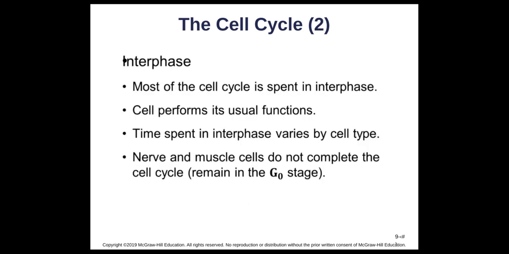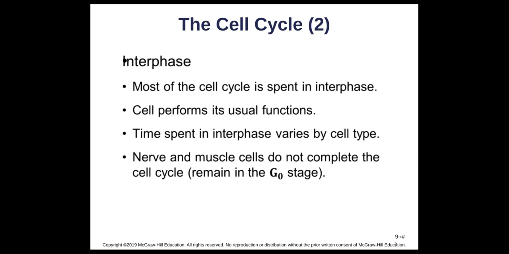So let's take a look then at these chunks of time the cell is in, interphase or mitosis and cytokinesis, and see what's happening. So we can have interphase. Interphase is where most of the cell's time is spent. This is when it's doing whatever its normal cell job is. The amount of time that a cell is in interphase is going to vary on the type of cell we're looking at.